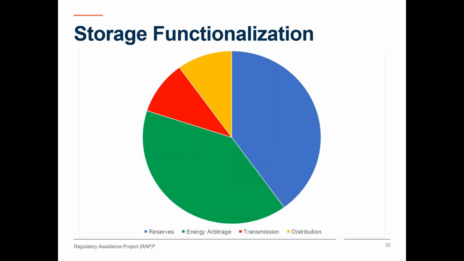I haven't thought about the cost allocation study that would be appropriate for that utility, but clearly the utility is incurring a cost for half of that storage, and that cost needs to be apportioned among the utility benefits that it gets, which are separate from the customer reliability benefits.